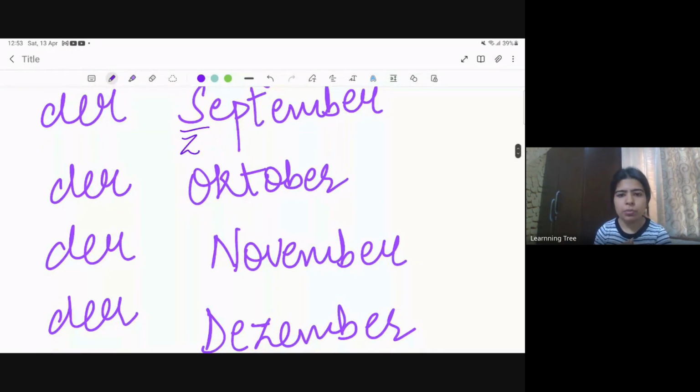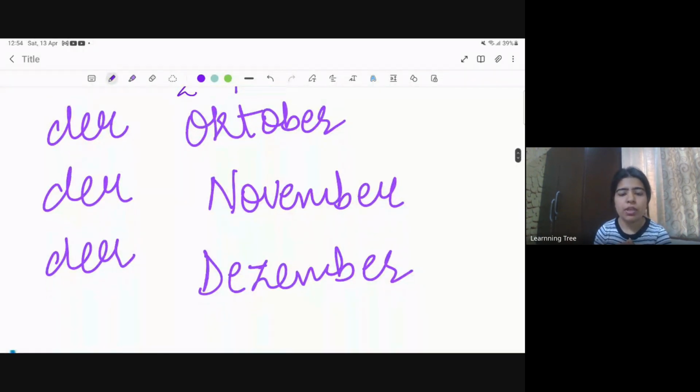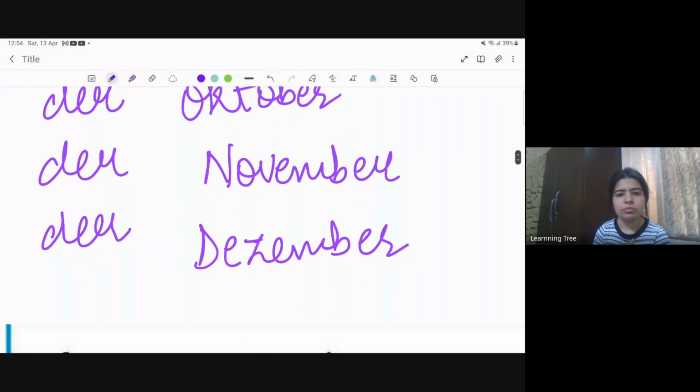Der October. So pronunciation is similar to that of English, only the spelling changes. So der October. Der November. So in English we have November, but in German we have November. So the no of English has to be there. Yeah, November. And der December.